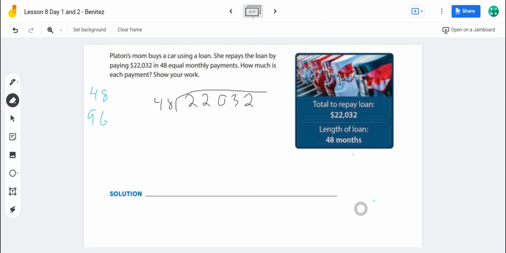What's the third multiple? So let me take 96 plus another 48. 6 plus 8 is 14. 9 plus 1 is 10, plus another 4 is 144.